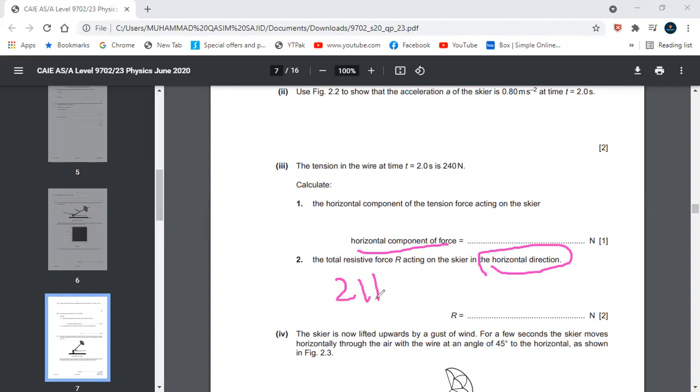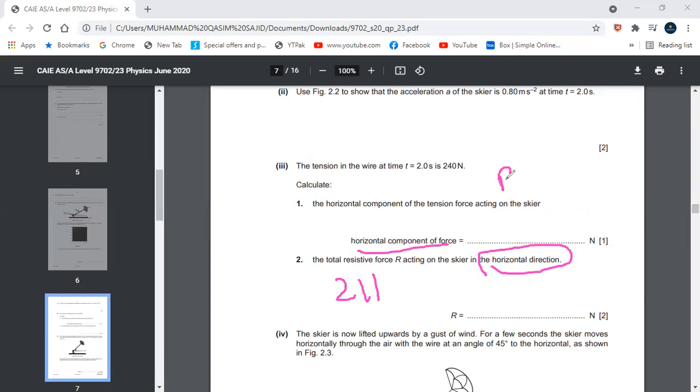The second force is the resultant force, equal to the value 0.80, that is the acceleration. Just a minute, I have to erase it.